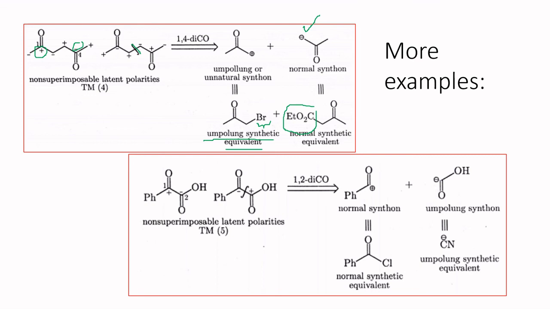When we have a 1,2-disubstituted carbonyl, we can see that at carbon number 1 it is plus, and at carbon number 2 it is minus.